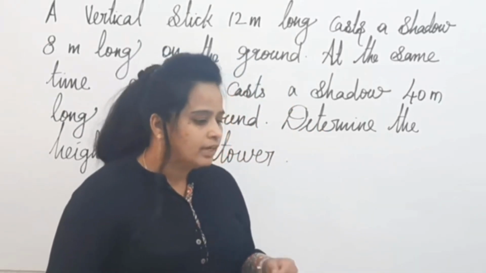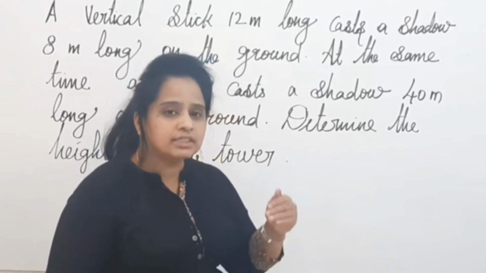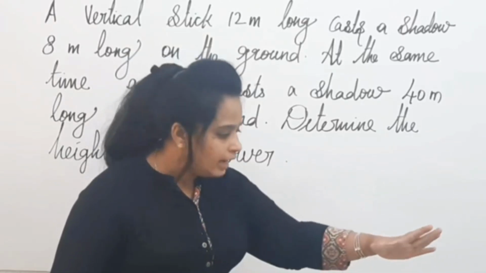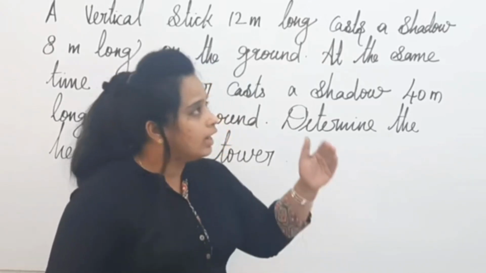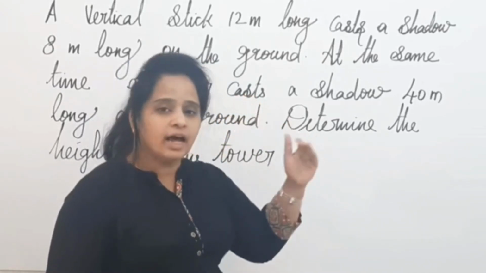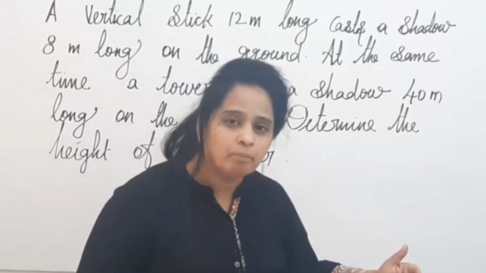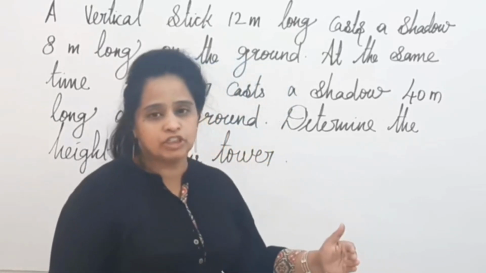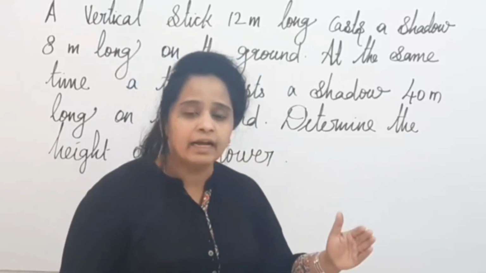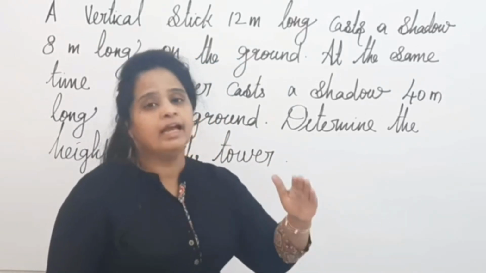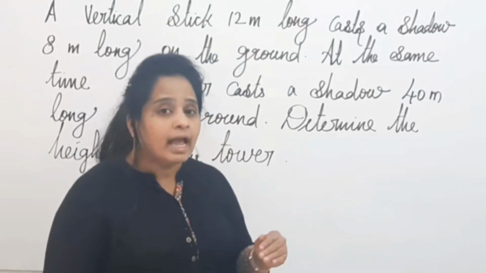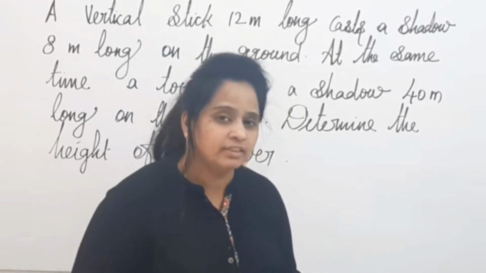Now children, you can imagine when the stick casts a shadow, it makes the length of the shadow, and you look at the sun from there. The angle made at the end of the shadow will be the angle made by the tower at the end of the shadow. So the angle will never change.